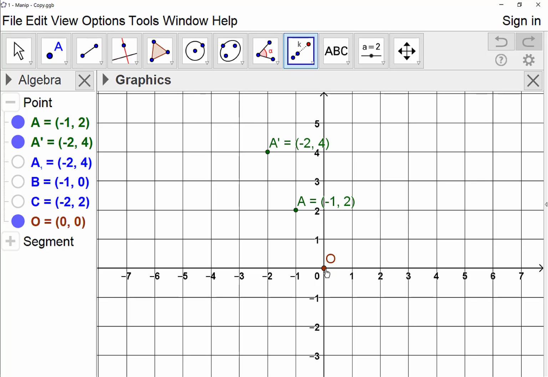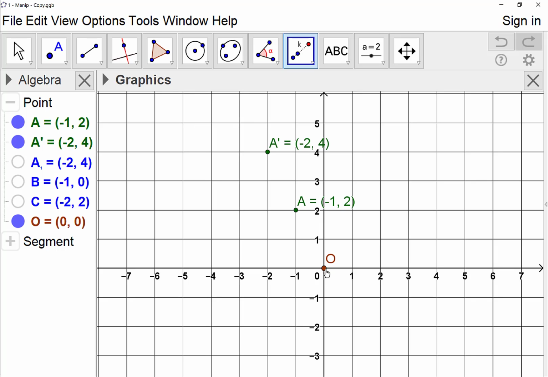Michaela, what happened to 2 to get to 4? Double. What's happening to -1 to get to -2? Double. It got multiplied by our scale factor. This point is the coordinate -1, 2.